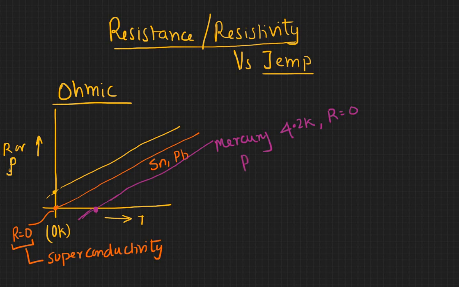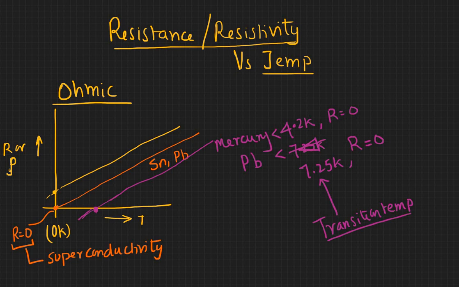And for lead, at less than 7.25 Kelvin, your resistance is approximately 0. This temperature at which the resistance is 0, we call the transition temperature.